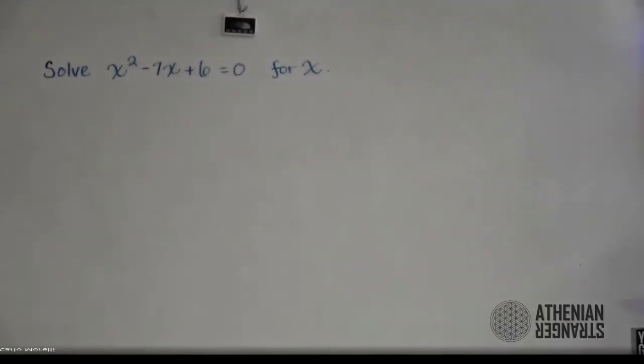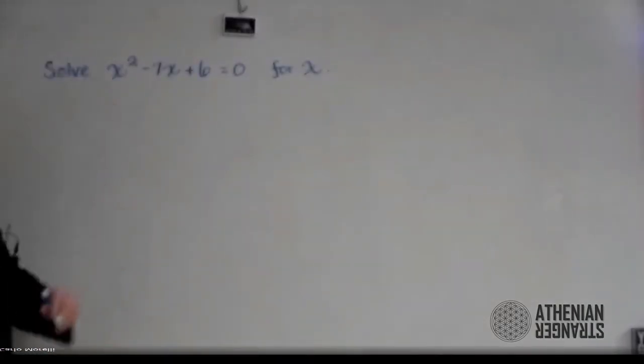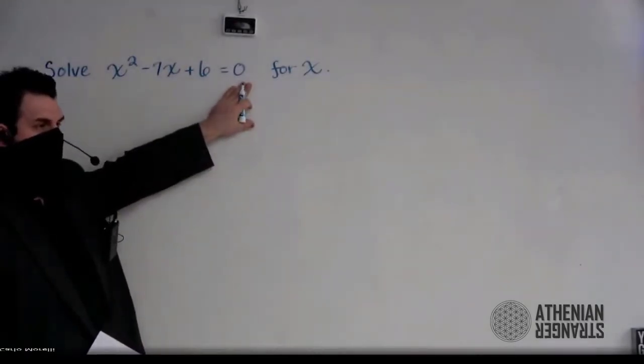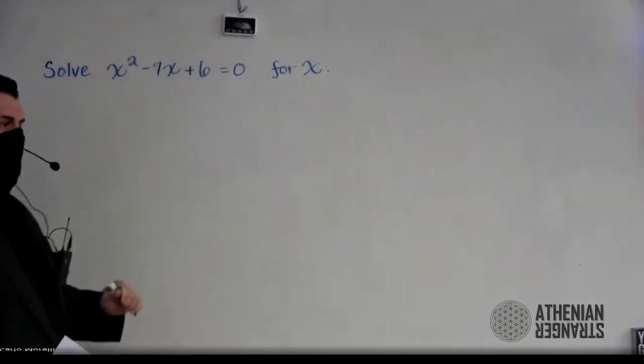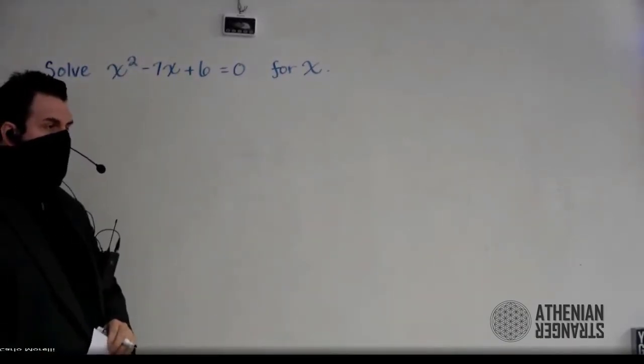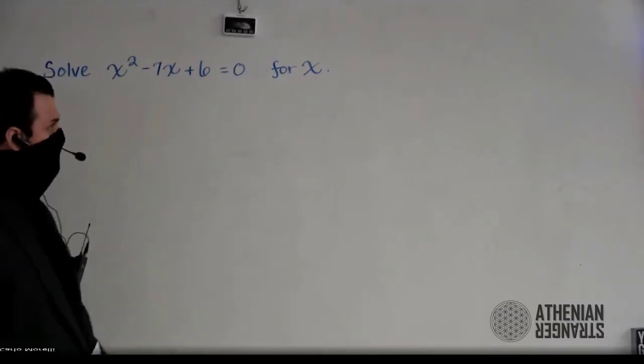And we're going to go through all of our steps. I'll remind you of what those are. Step number 1 is to make sure that there's nothing on the right side except a 0. Check. Step number 2, make sure that the equation is in standard form.